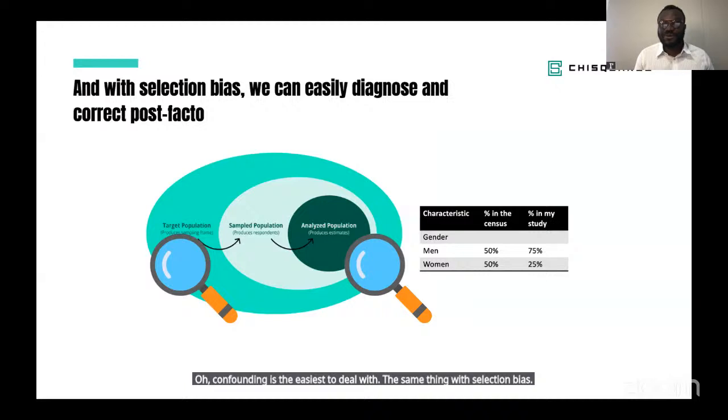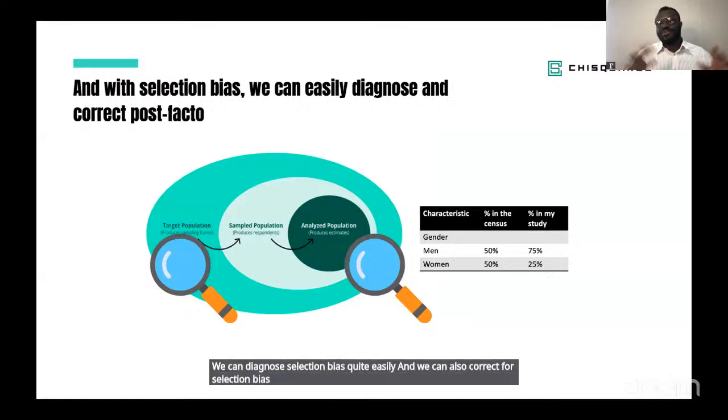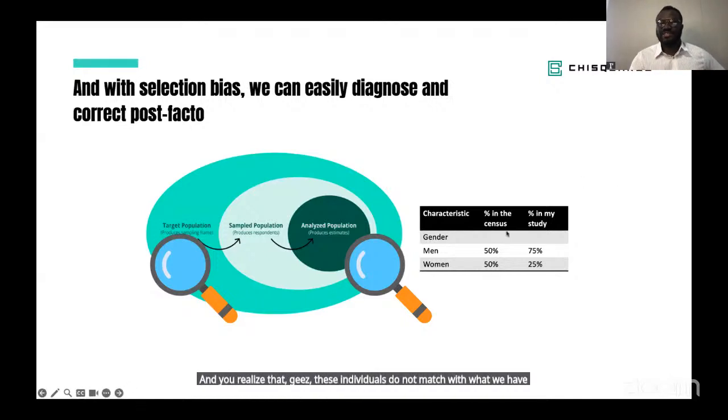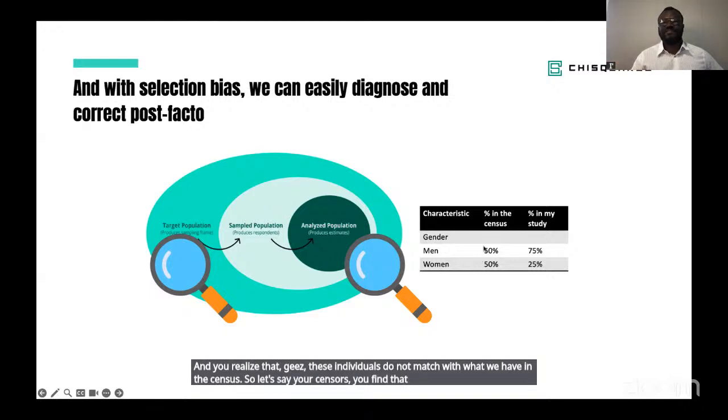We can diagnose selection bias quite easily, and we can also correct for selection bias quite easily. Let's say you do a national survey and you have your final participants and you realize that, geez, these individuals do not match with what we have in the census. So let's say in your census, you find that 50% of the population is men and 50% is female.